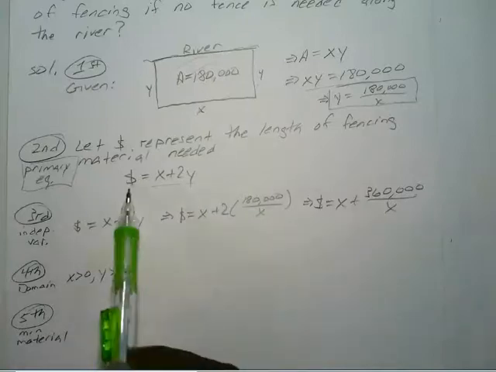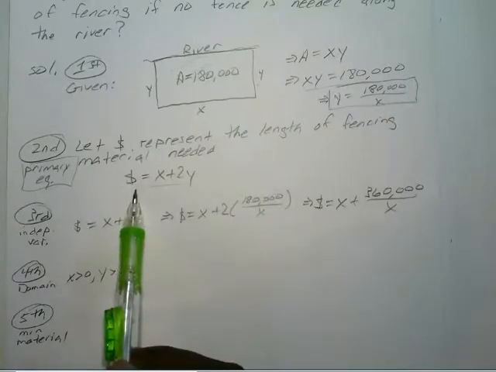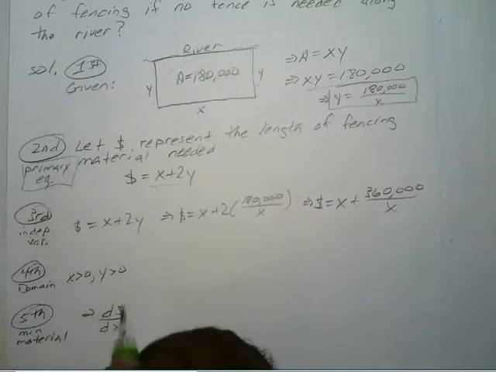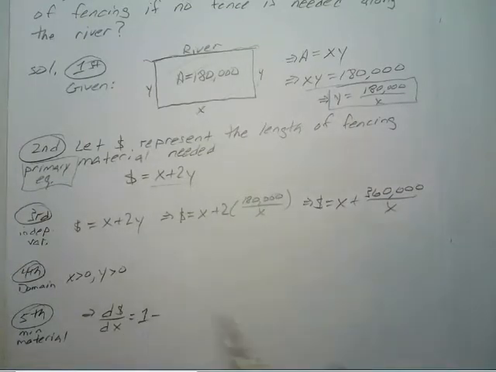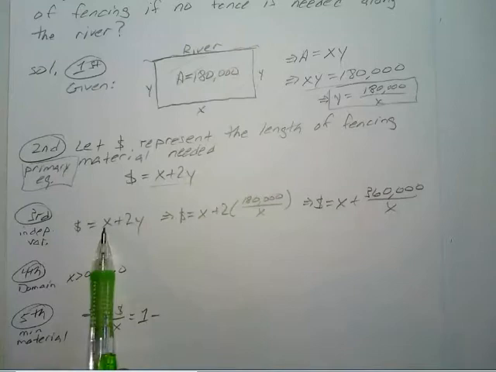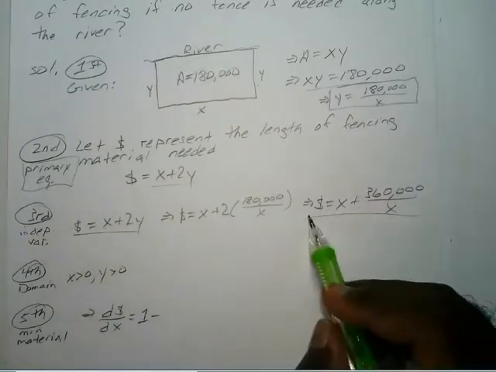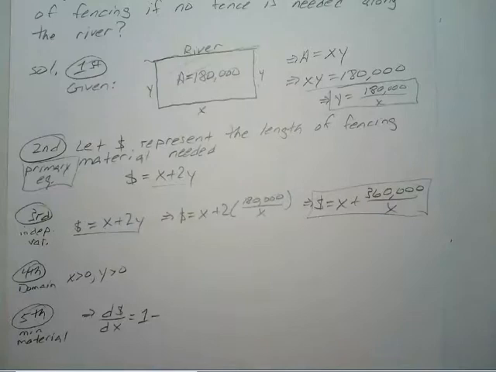Okay, so we have to find our critical point for this one, which is our first derivative. So our first derivative of S with respect to x is equal to 1 minus... find the derivative of S, or basically using this one. That's why I draw a little square so I don't miss out on which one I'm using.